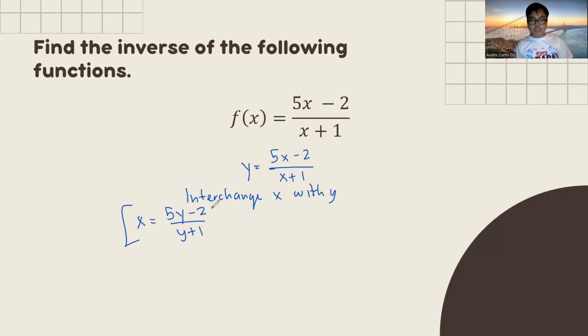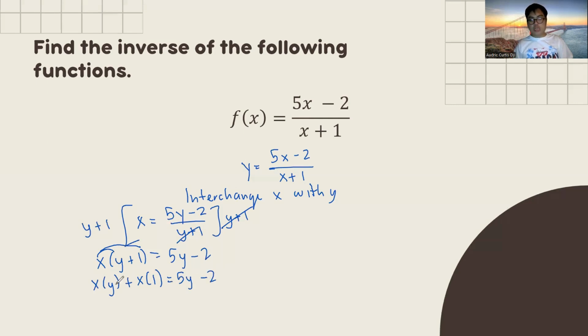So multiply both sides by y plus 1 for you to cancel the denominator. So this will become x times y plus 1 equals 5y minus 2. So using the distributive property of multiplication, x times y plus x times 1 is equal to 5y minus 2. Then x times y will become xy.